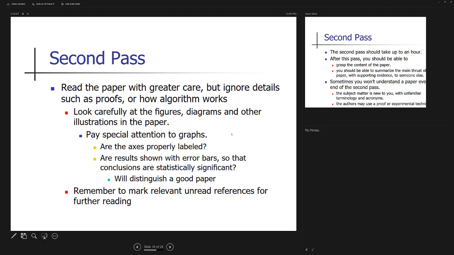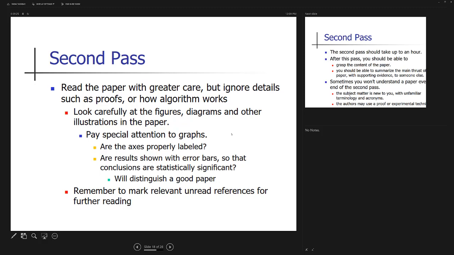See, are the results shown with error bars or not? Sometimes we will see the probability of error or the deviation, how much the results deviated. For example, if you are doing some random stuff, how many times did he run the experiment?